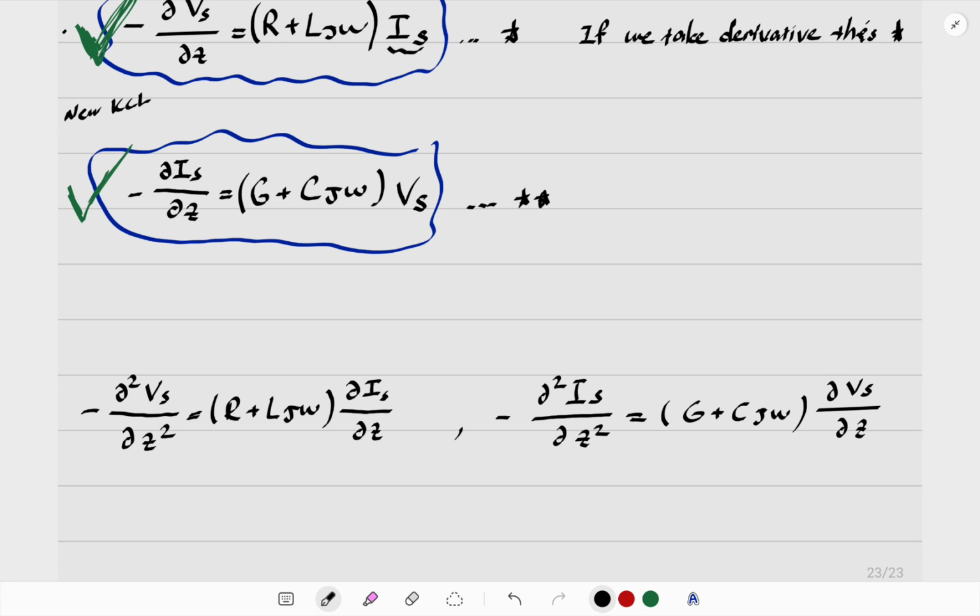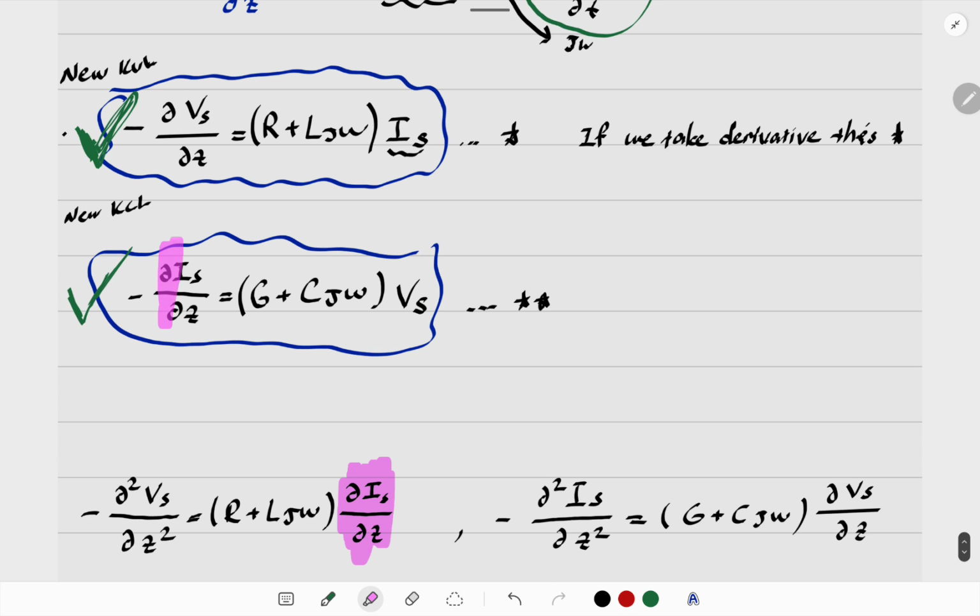So let's have a close look on those two topics and see that this del is del z is equal to this one. You see, del is del z, and the right side we also have del is del z, and at the right side we have, I'm sorry, this whole equation.